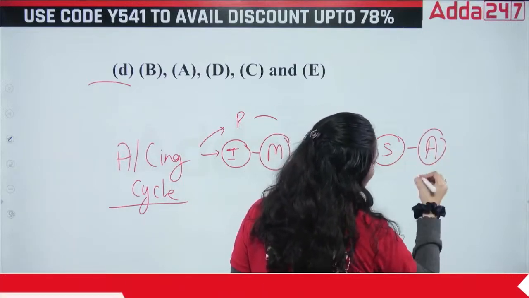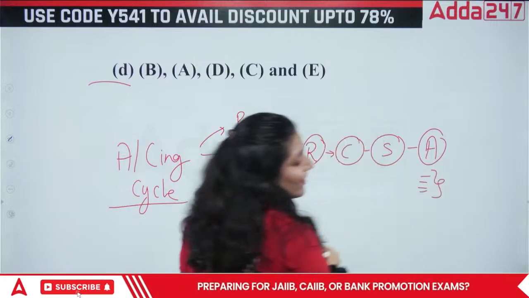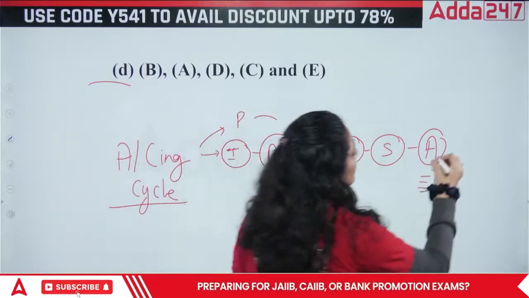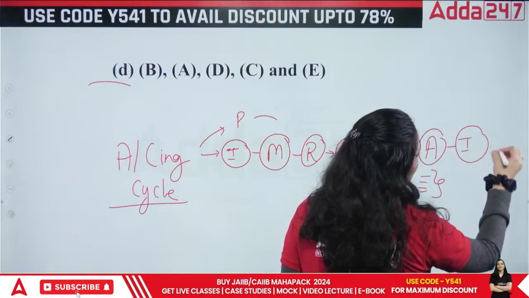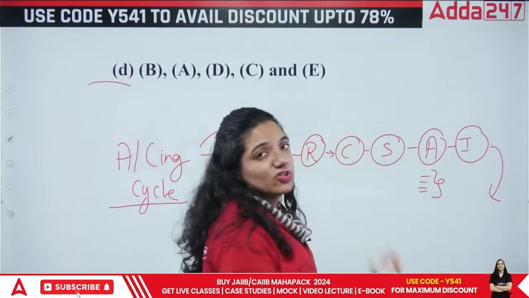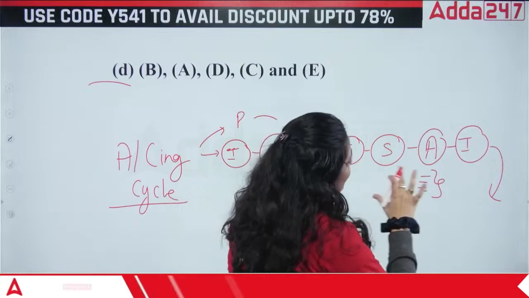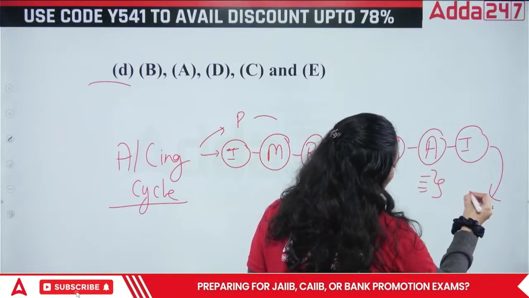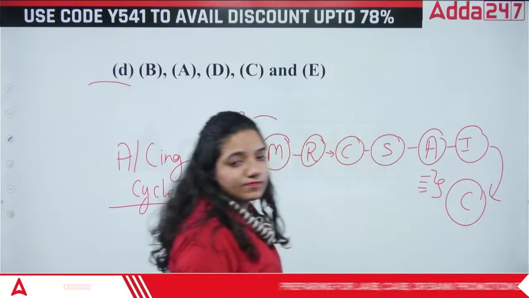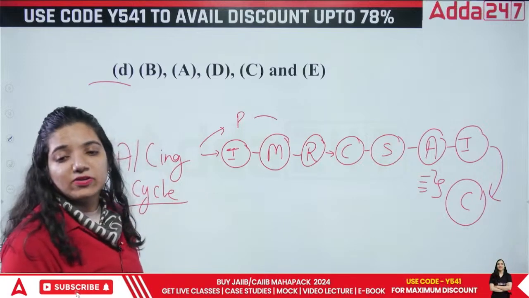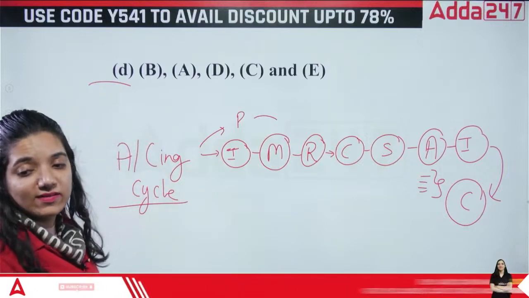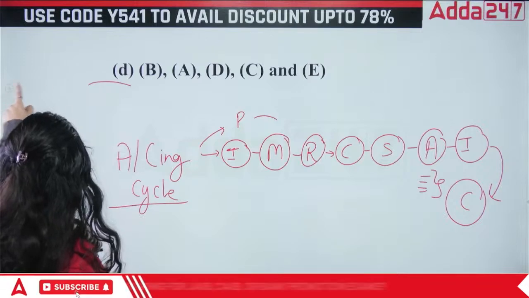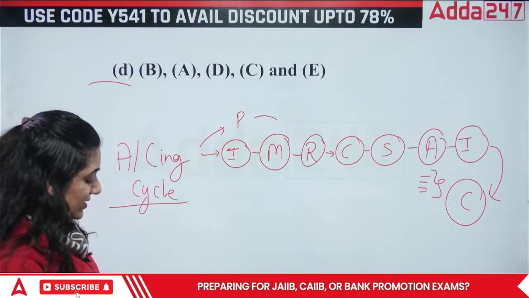That means find out what inferences you get out of it. Then you have to interpret. And then last, after the interpretation, you have to communicate it to the people. This is what we call the accounting cycle, everyone.